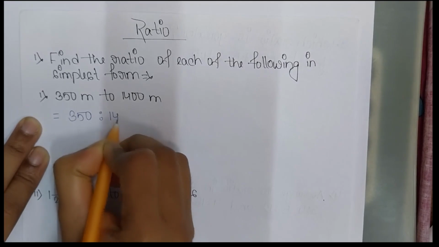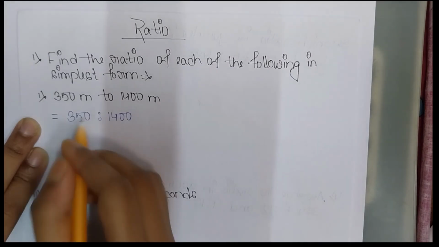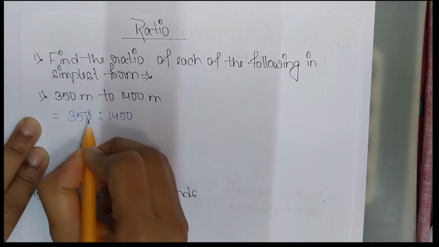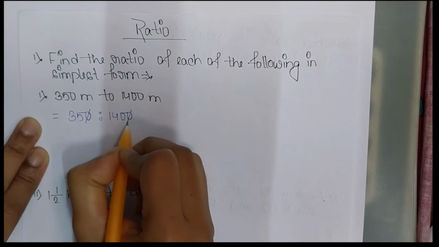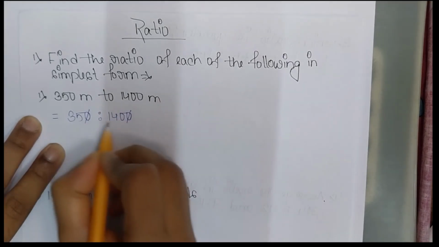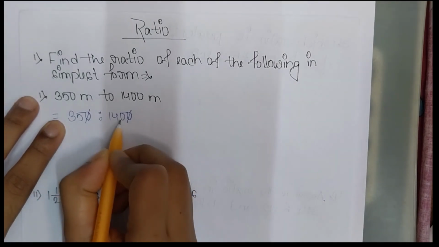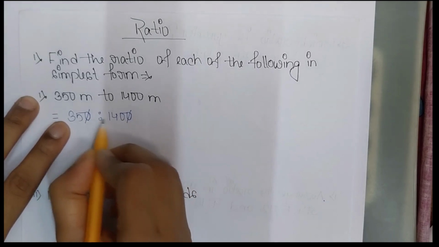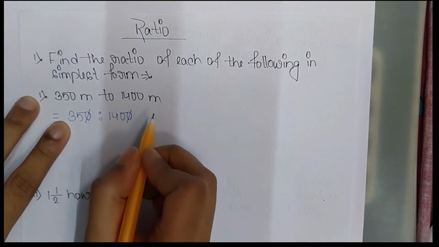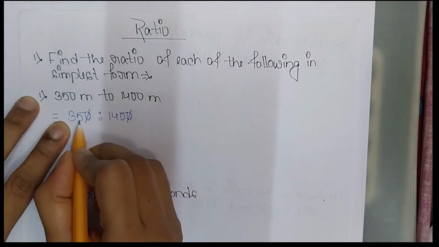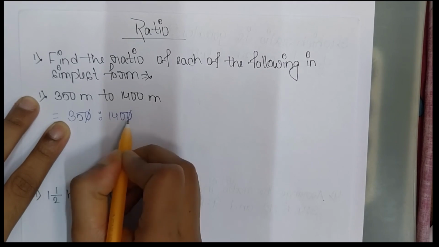So let's start. 350 is to 1400. First we will cut the zeros. Here we cut one 0, and here also we cut one 0. Now we have 35 is to 140. As I said before, when we cut the terms of the ratio, we have to cut them by the same number. We cannot cut 35 by 7 and 140 by 5.